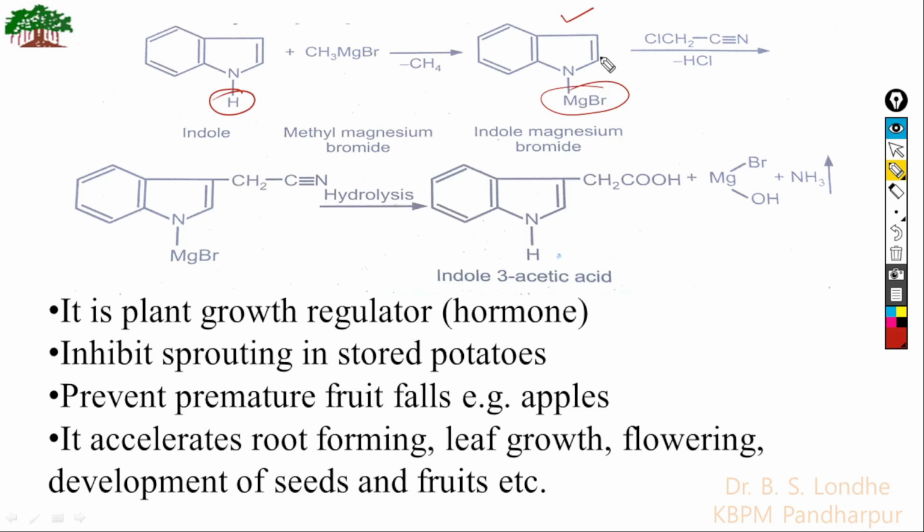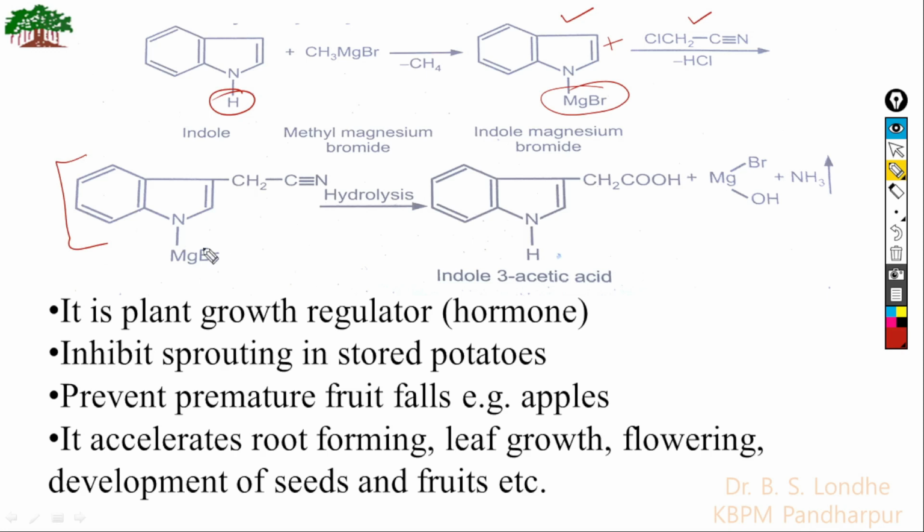This indole magnesium bromide reacts with chloroacetonitrile. This chloroacetonitrile formed in the first step has been used here, and reaction between indole magnesium bromide and chloroacetonitrile takes place. This is the condensation reaction, and we get the condensation product, or we can say the chloroacetonitrile derivative of this indole magnesium bromide.